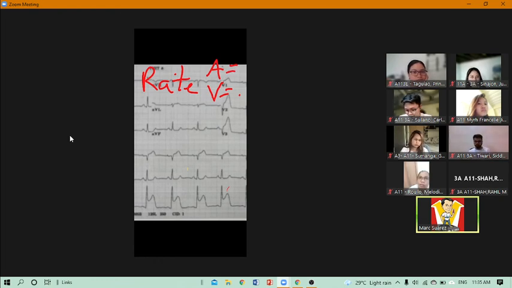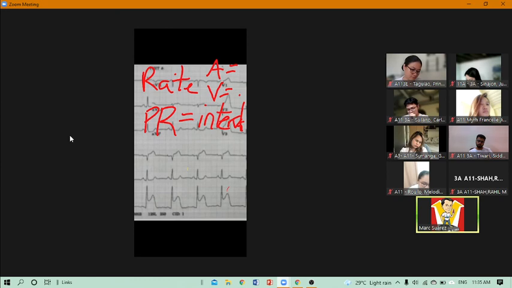This Thursday, we will review how to get the PR interval.